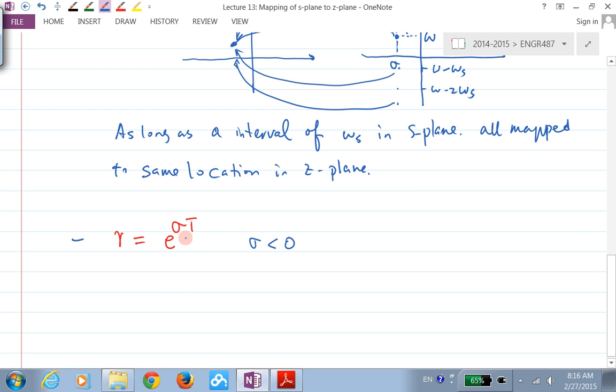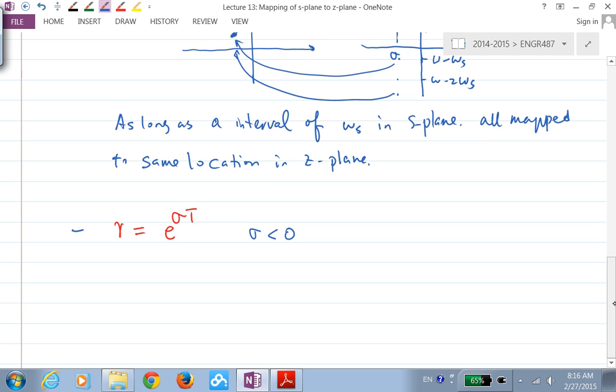When capital T equals 0, which is almost impossible, this guarantees that R is less than 1. So the absolute value of z, which equals R, is less than 1. That makes perfect sense.